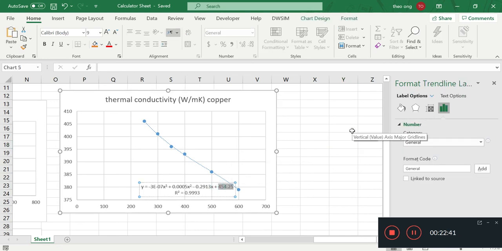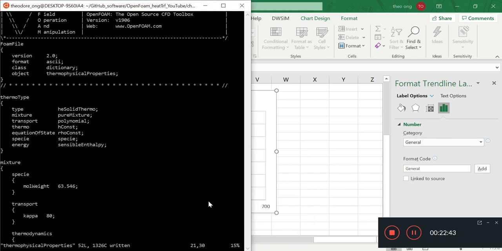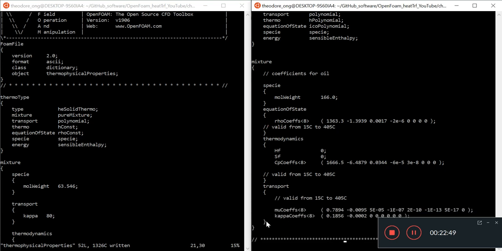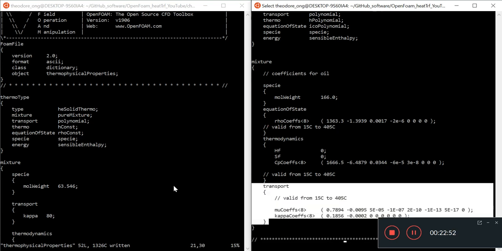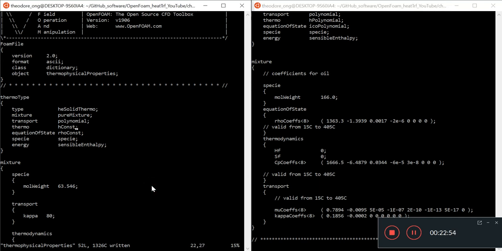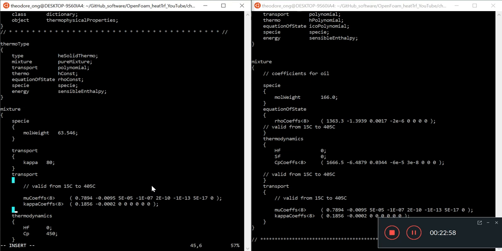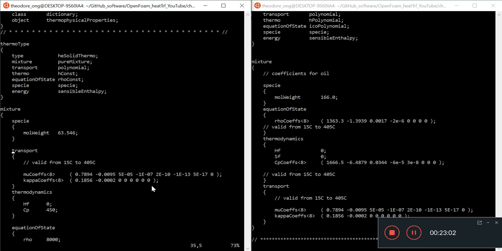So thermal conductivity. All right, let's copy the template here. Okay, and I'm going to paste it over here. Insert and paste, and I'm going to delete the old one. Next let's enter the temperature validity range.